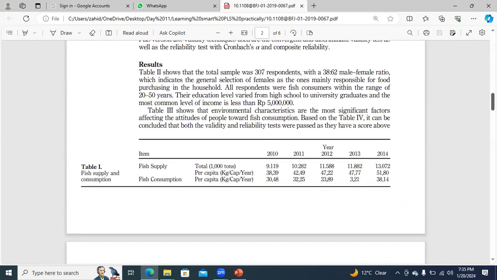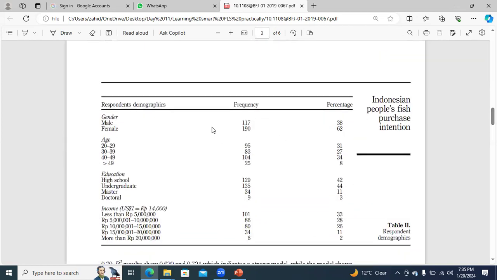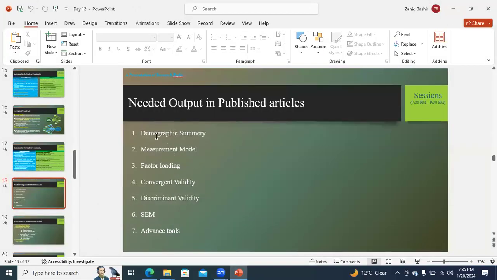What are the output files you can see over here? This is basically the demographic summary that I indicated in my slide, that the first thing you need to find out is this demographic summary.